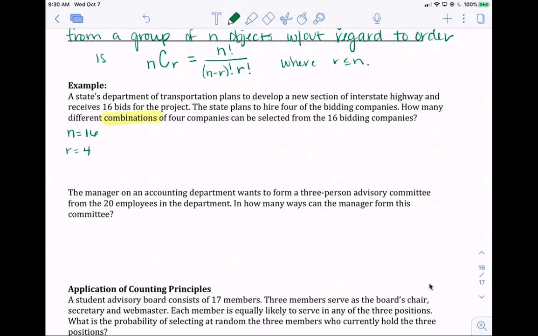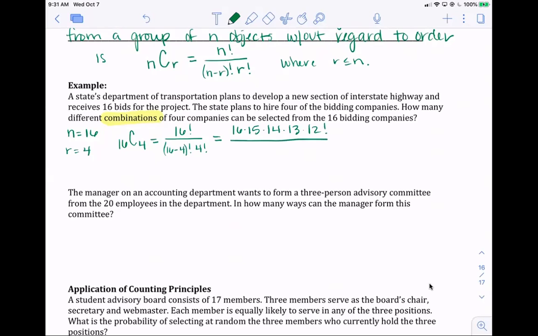So if we plug this into our formula, 16 combination 4, we have 16 factorial divided by 16 minus 4 factorial and 4 factorial. So we have 16 times 15 times 14 times 13 times 12 factorial.